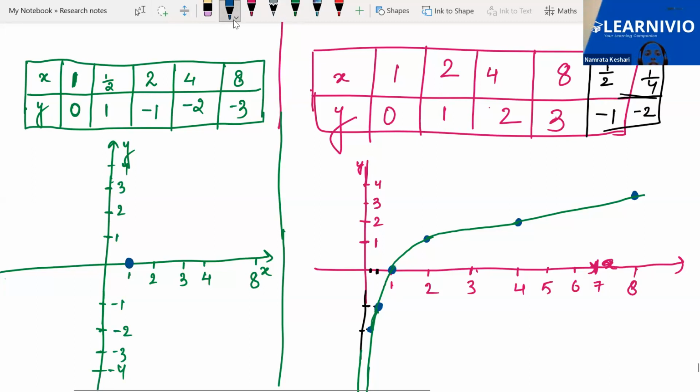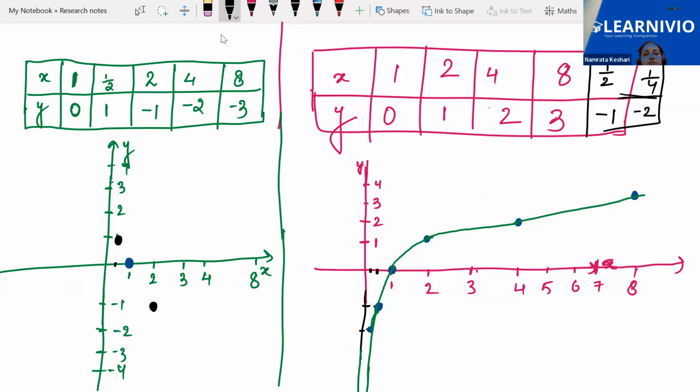Yes. The next point is 1 by 2 comma 1. 1 by 2 is somewhere lying over here. When x is 1 by 2, y is 1, so the point is here. When x is 2, y is negative 1, here.